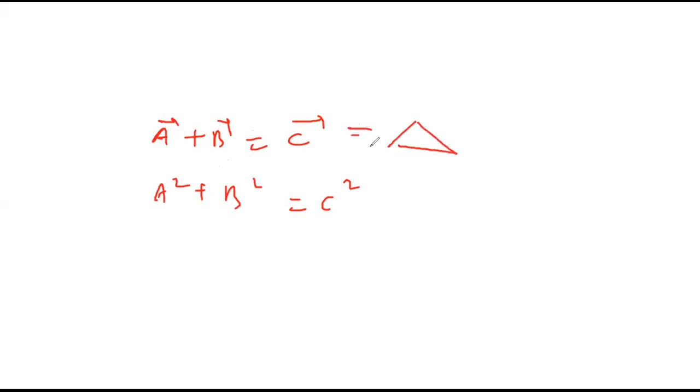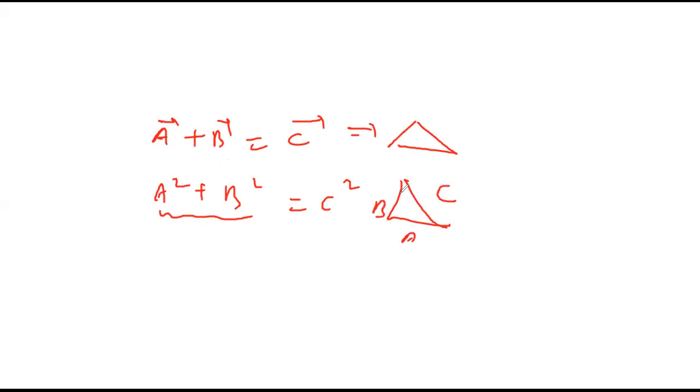Two vectors A and B are such that their sum, A vector plus B vector, equals C vector, and A square plus B square equals C square. This means it is forming a triangle, and this means it is forming a right angled triangle. C is the hypotenuse, A and B are the other two sides.